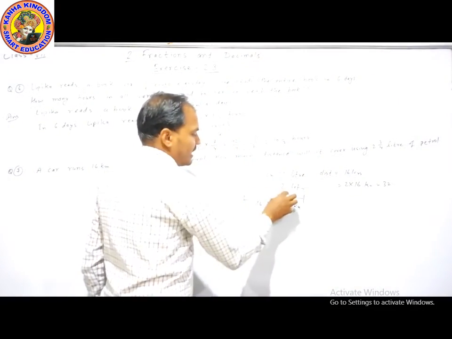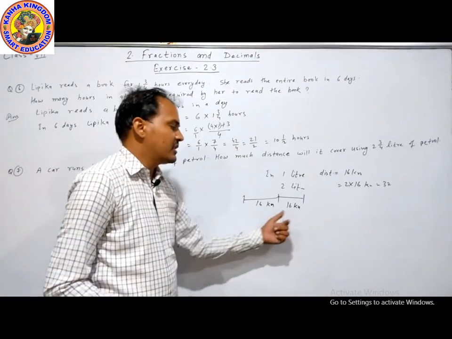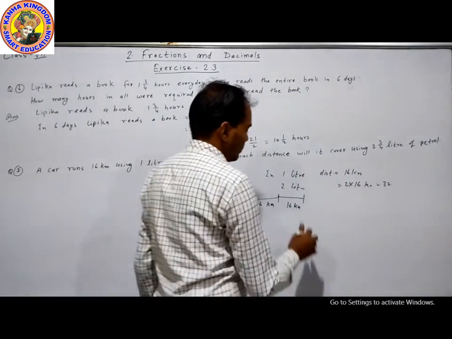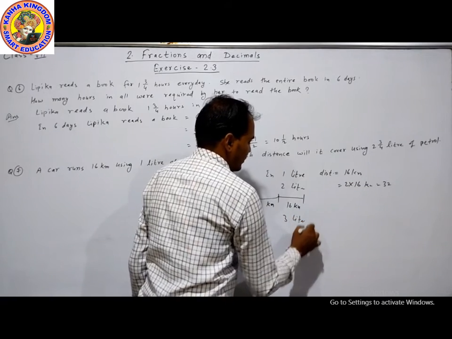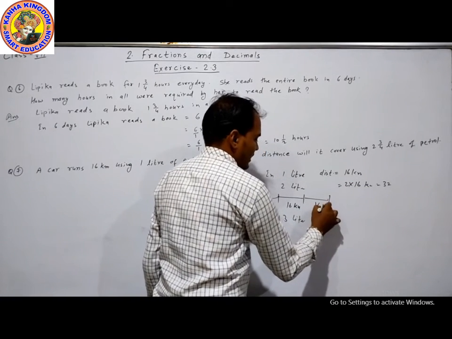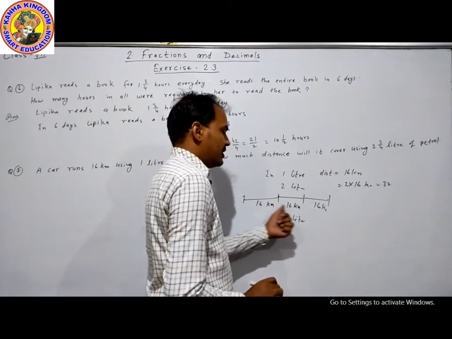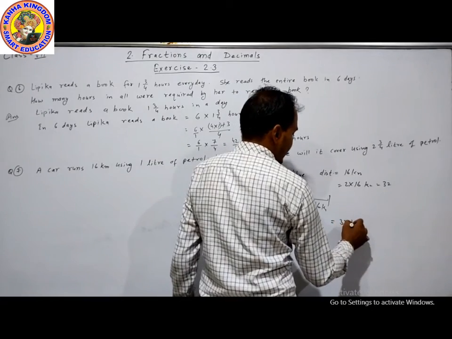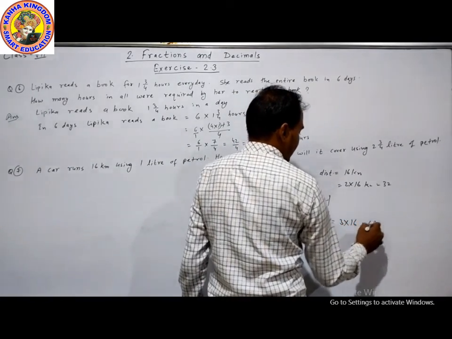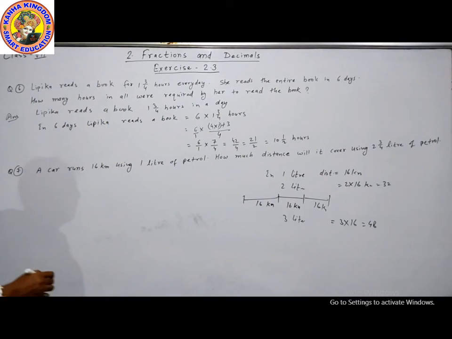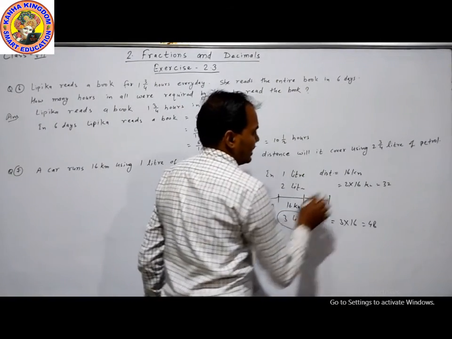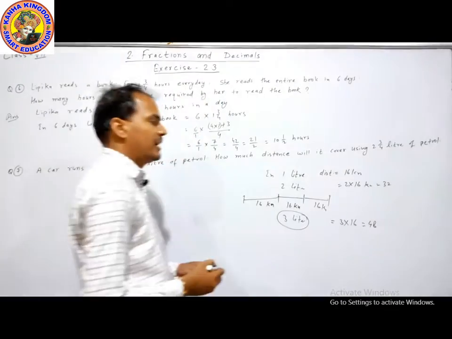This is 1 liter and 1 liter, 2 liters, 16 plus 16, 32, and we can say that 2 into 16 is equal to 32. With 3 liters of petrol, another 16 km, 16, 16, 16, 48 km, and we can say that 3 into 16, 48 km distance can be traveled. But here it is not 3 liters, here it is 2 3/4 liters of petrol.